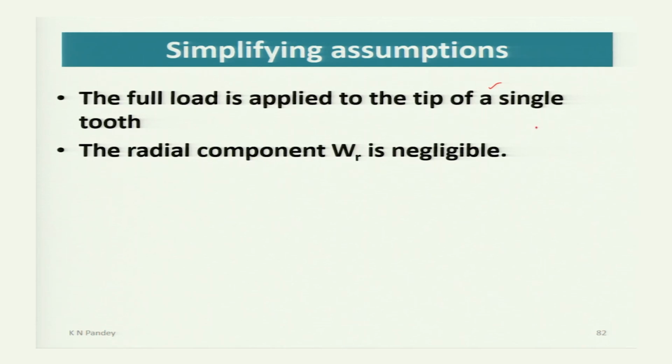Wr, which acts radially on the gear tooth, produces compressive stress along this cross section, and under fatigue compressive stresses are not detrimental. So neglecting Wr will not make a phenomenal difference in the bending stress.